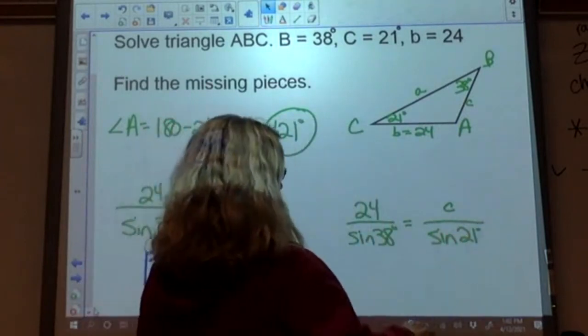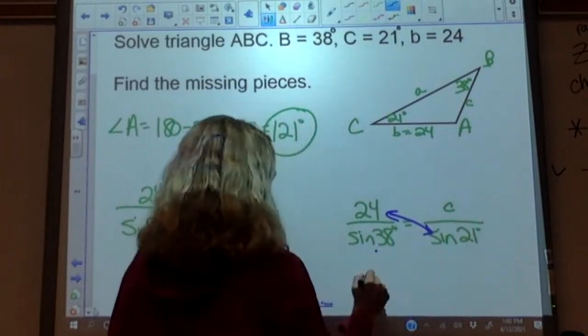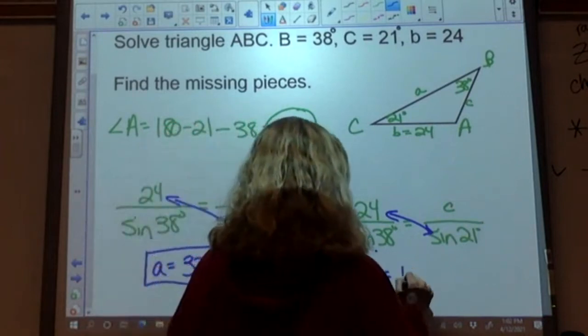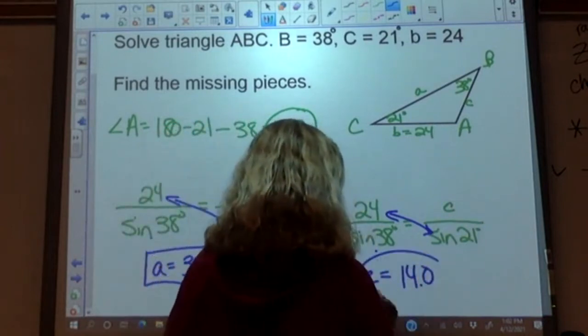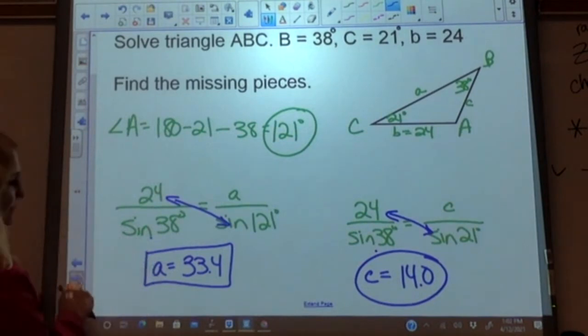Now I'm going to cross multiply and divide, and this gives me C equals 14.0. So I found the two sides and the angle that were missing. So law of sines is very easy. Basically, it's just using proportions.